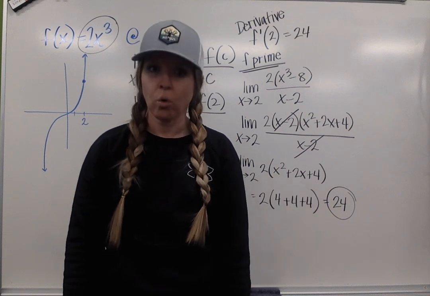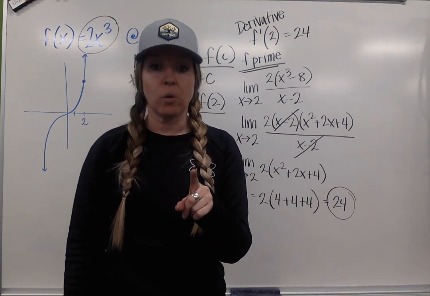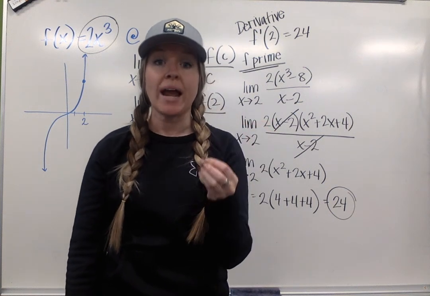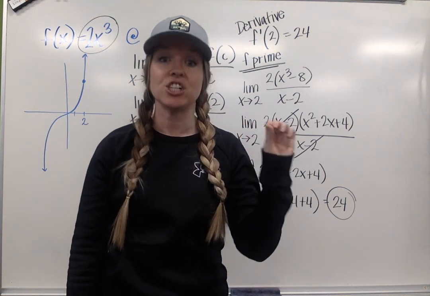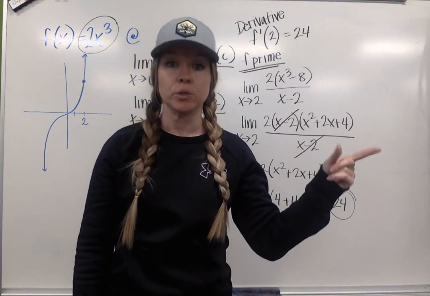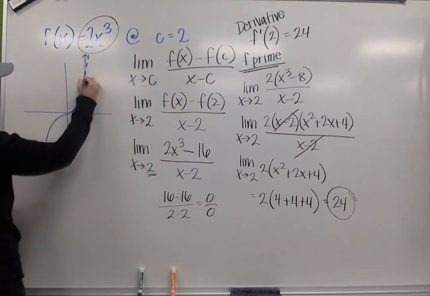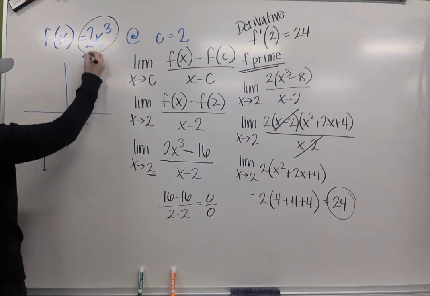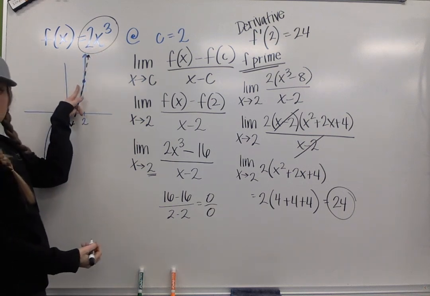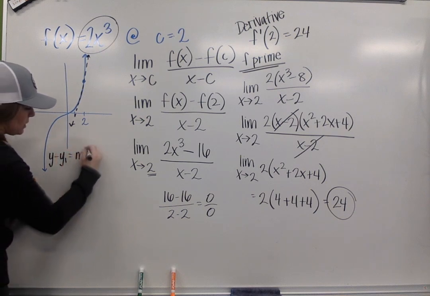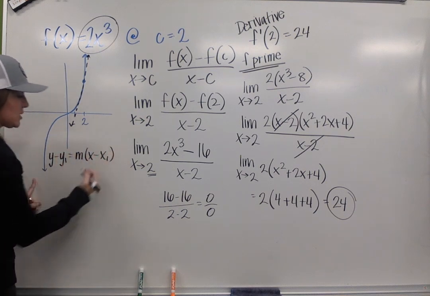Okay? Cool. So what we're going to do real quick, try not to make this a super long video, is I'm going to write the equation of the tangent line when x equals 2. So based off of this little picture, let's just say I'm going to be writing the equation of this line. So we have the formula y minus y1 equals m times x minus x1.